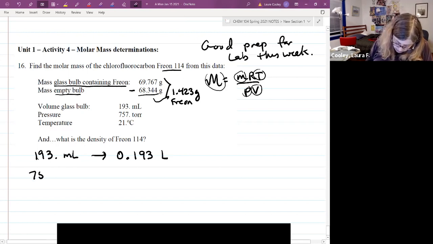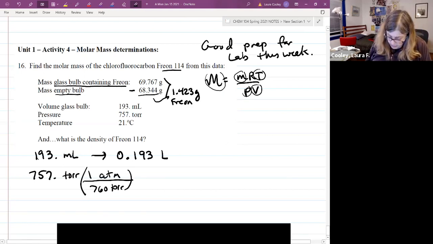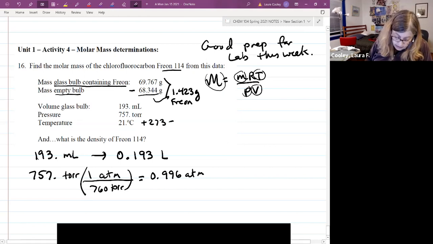And then we have 757 torr, which we'll have to convert, which comes out to 0.996 atmospheres. 21 degrees C is 294 Kelvin.